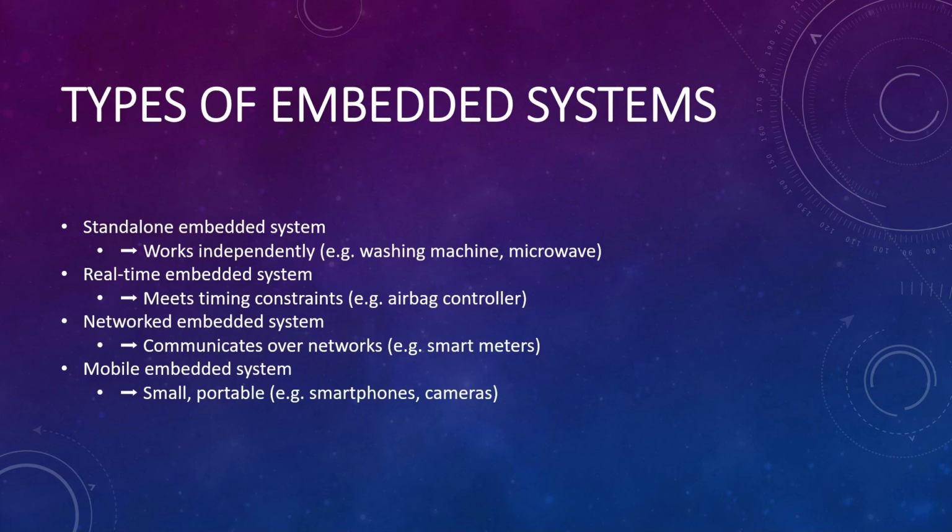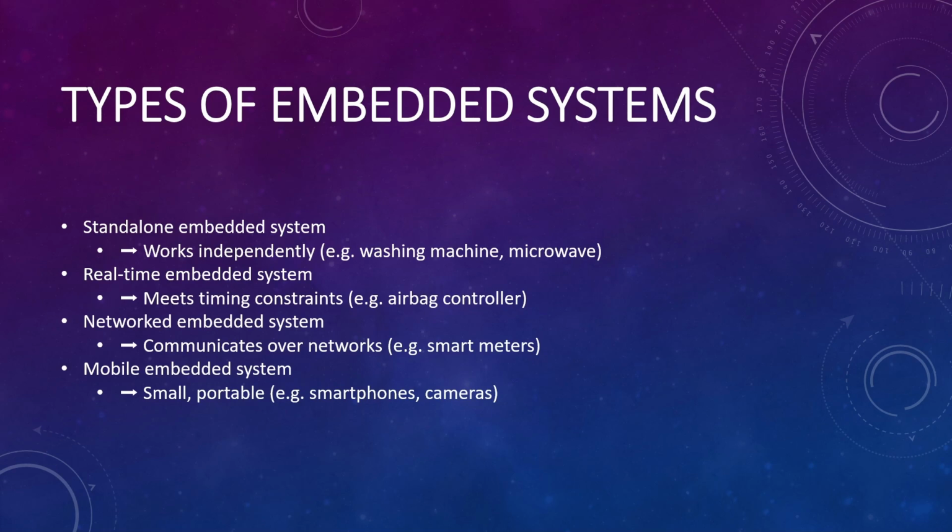Then there is the second type, real-time embedded systems. One example would be an airbag controller. Real-time embedded systems respond within strict times, like an airbag. Next is network embedded systems.